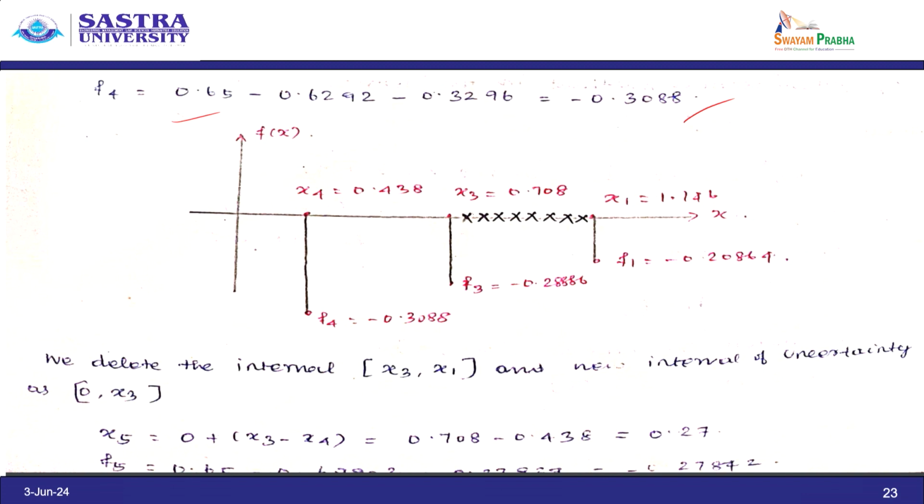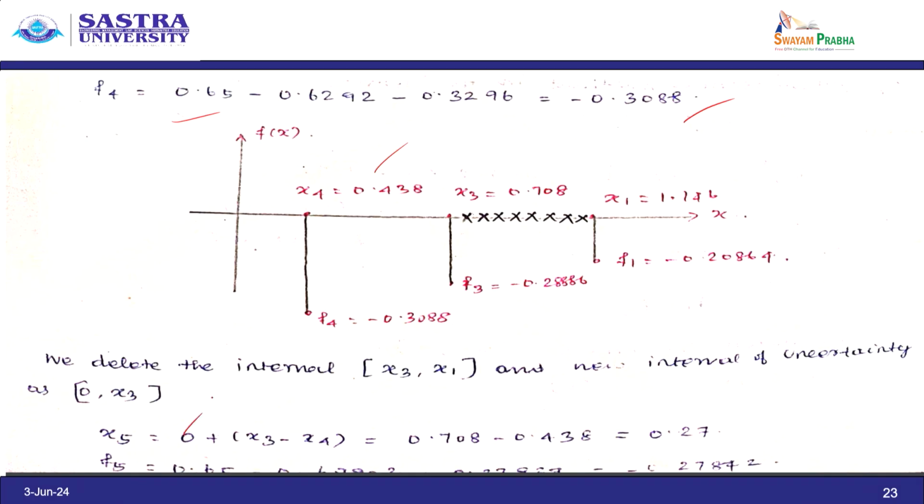Now, we have x3, x1, x4. x4 is 0.438, which is lesser than x3, and the corresponding f3 is minus 0.288, x1 equal to 1.146 and f1 equal to minus 0.208. Now, we delete x3 and x1 and take the limit 0 to x3.